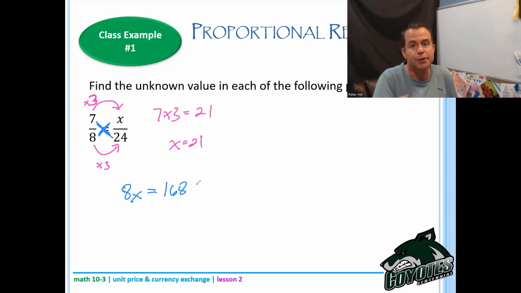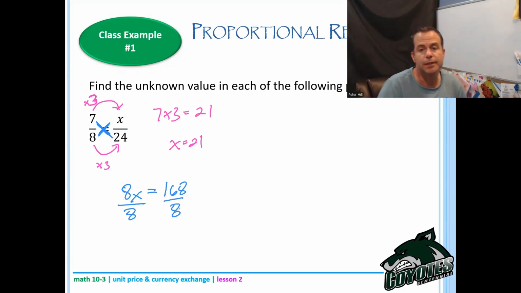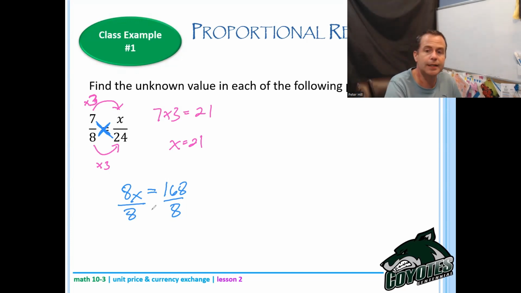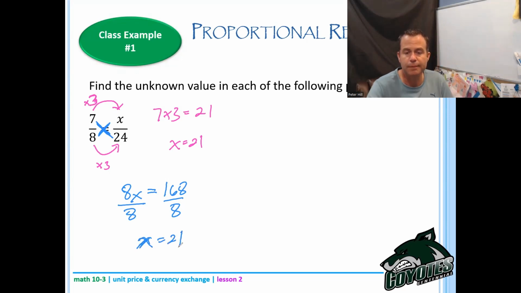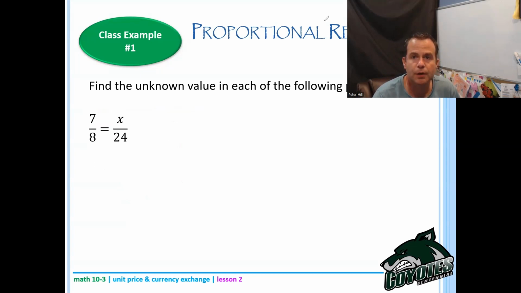Well, what is the 8 doing to the x? It's multiplying. So to get rid of it, I want to divide. When I go 168 divided by 8, I get 21. Whoa, that was a really bad x, sorry. x equals 21. So both methods work. The cross multiplying will work even when you don't quite see how you go from one number to the other number, so there's a little bit of an advantage there.